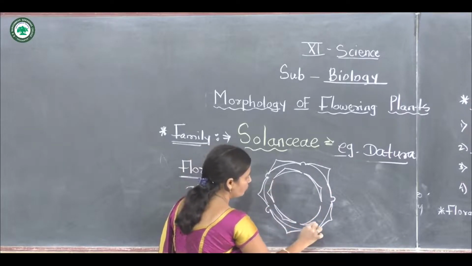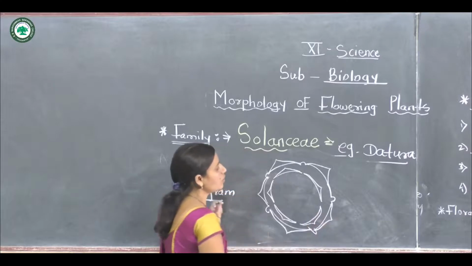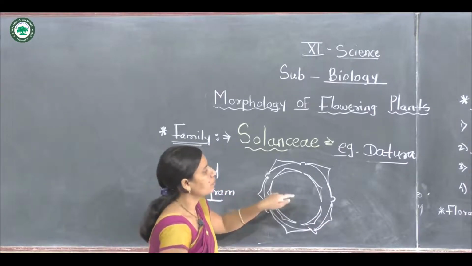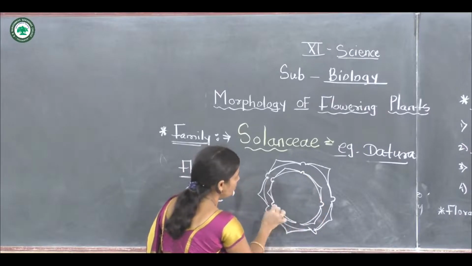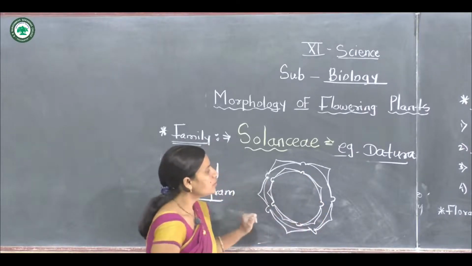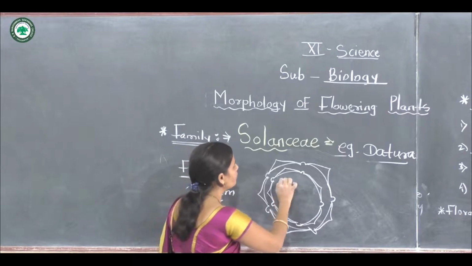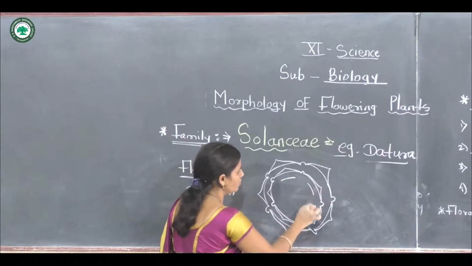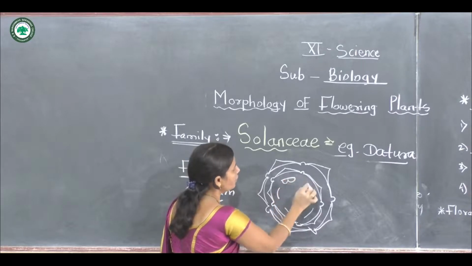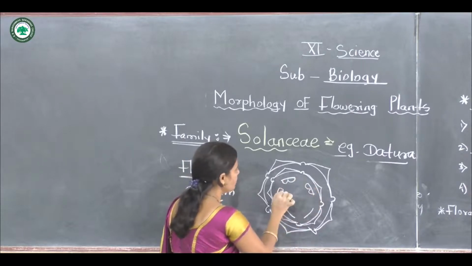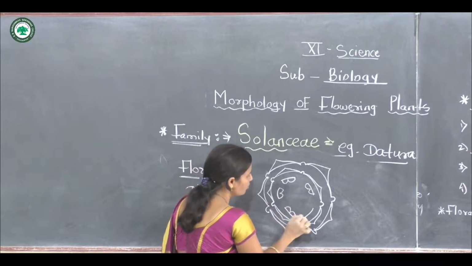These petals are joined. The androecium is 5. In some flowers the stamens are free, and in some they are fused.